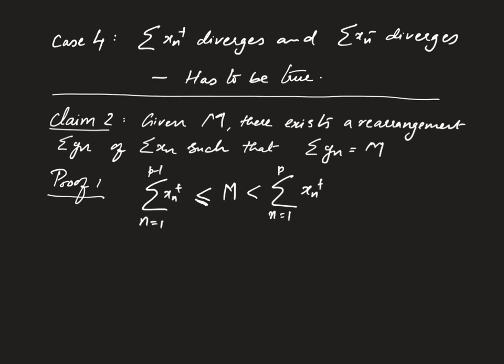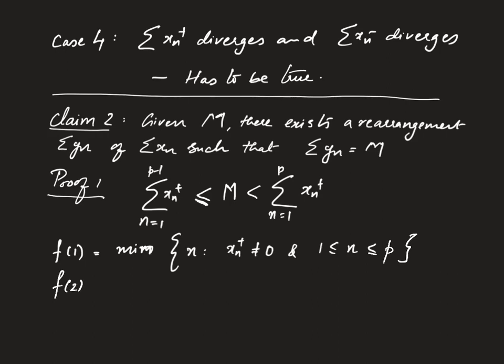This already gives us some clue as to how we should rearrange the series. What we basically are doing is we have to discard all the zero terms. So for example, we can define f of 1 to be the minimum of all n such that xn plus is not equal to 0 and 1 is less than or equal to n less than or equal to p.